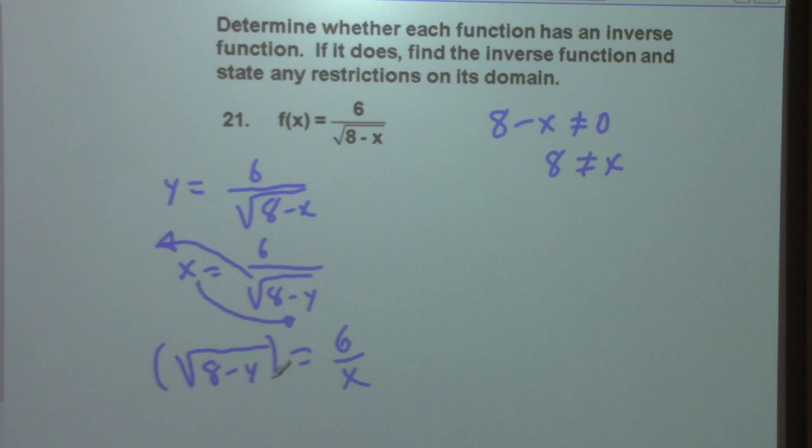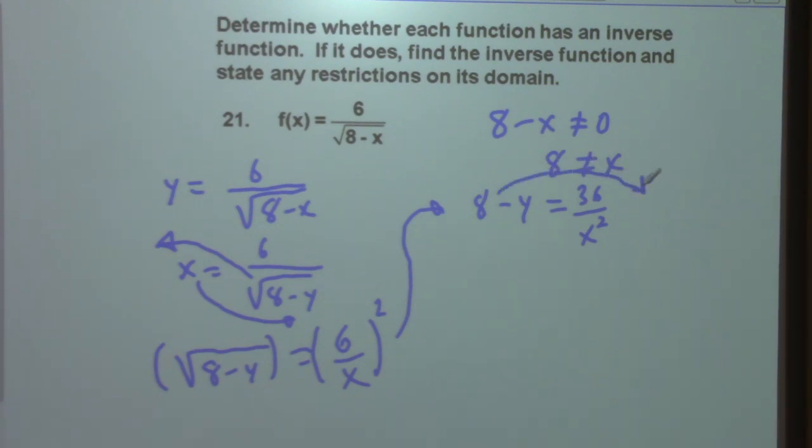And if we square both sides, we're going to get 8 minus y equals 36 over x squared, right? And then if we subtract, we're going to bring this 8 over here and make this negative over here, right?